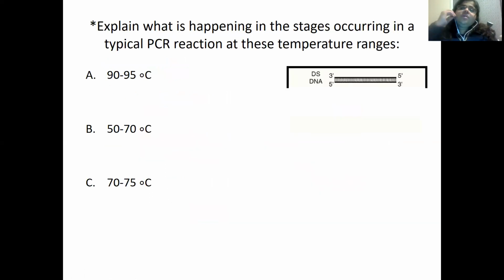Okay, so before we get to a problem that involves the math again, let's talk about what's actually occurring in these stages. Explain what is happening in the stages of a typical PCR reaction at these temperature ranges. The first one is 90 to 95 degrees Celsius.